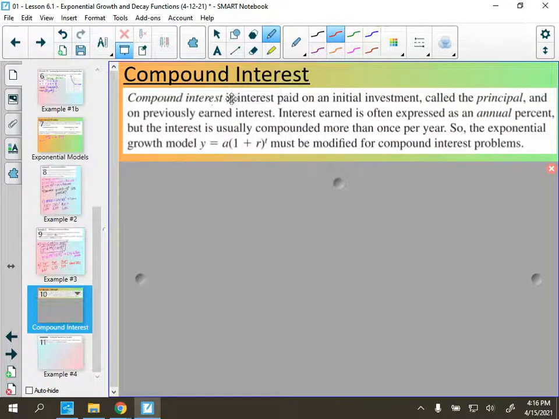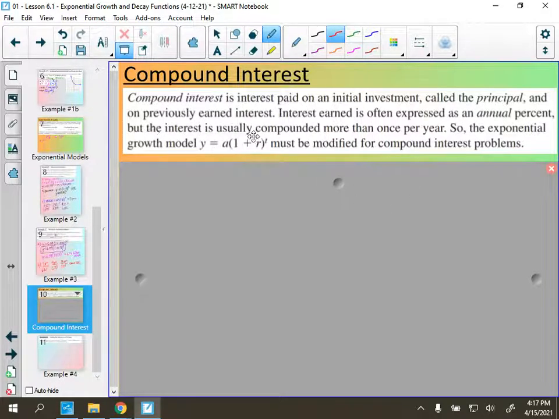So compound interest is where, whenever they compound your interest, that's when they figure out it's time to calculate your interest and put it back in your account. Your initial investment is called your principal. That's a financial term. Usually they give us an annual percent, like this year you're earning a 2% interest rate.